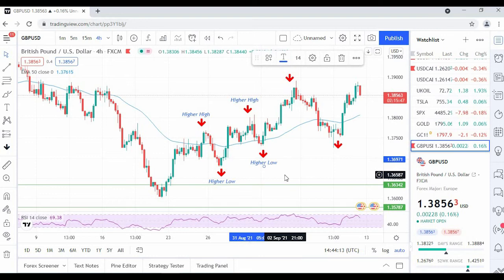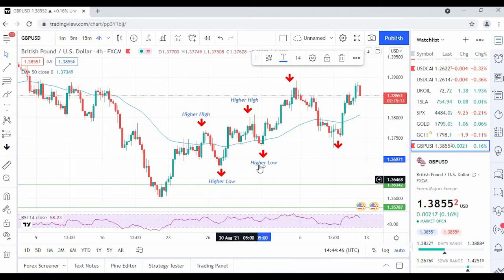You have the second higher low. So this is regarded as a trend, a series of higher highs and higher lows when the market is moving in a particular direction. So the market is moving in an upward direction, creating a series of two or more higher highs and higher lows. This is one higher high, this is another higher high, this is the first higher low, this is the second higher low.